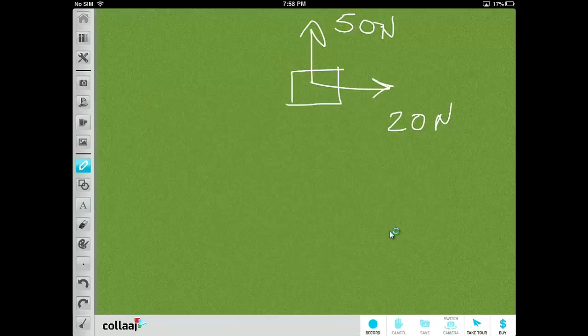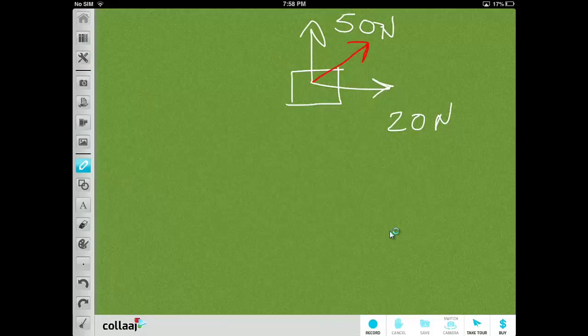As you can see, the object here is pulled by two forces, and if you pull an object to the east and to the north, the object is going to move with a net force in this direction, right? If you are pulling to the right and upward, the object is going to move to the northeast.